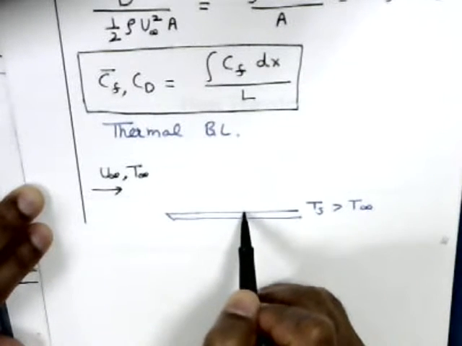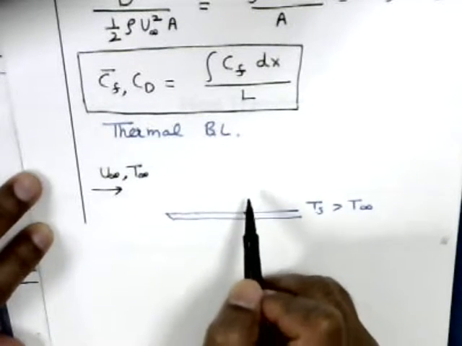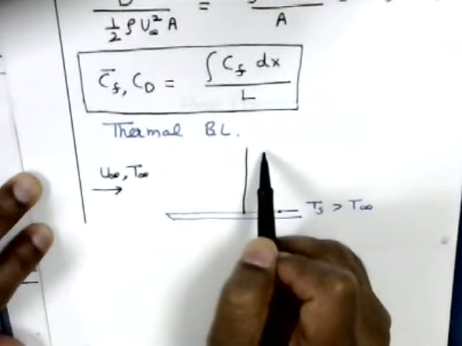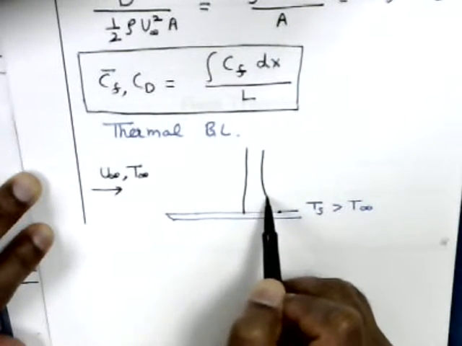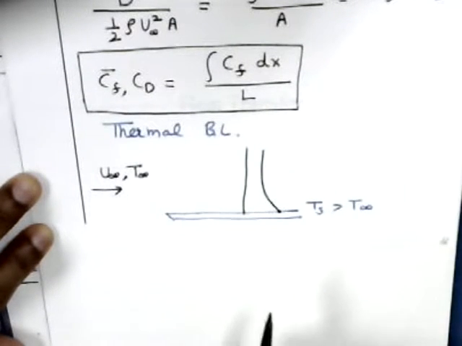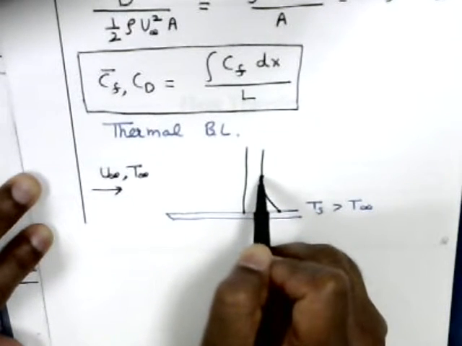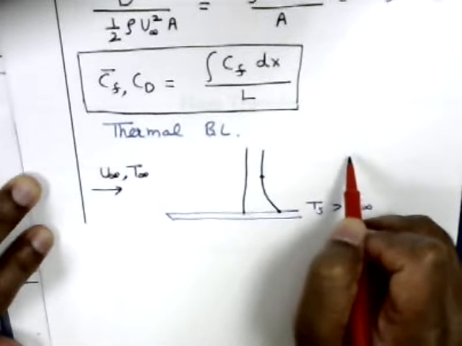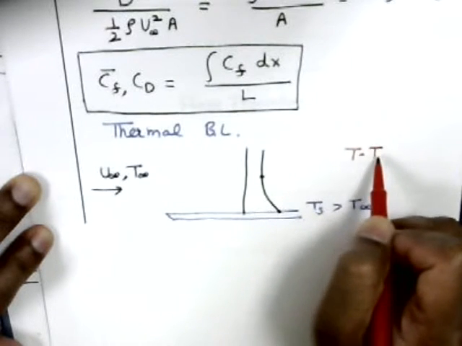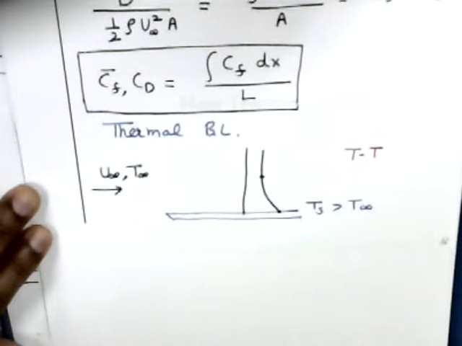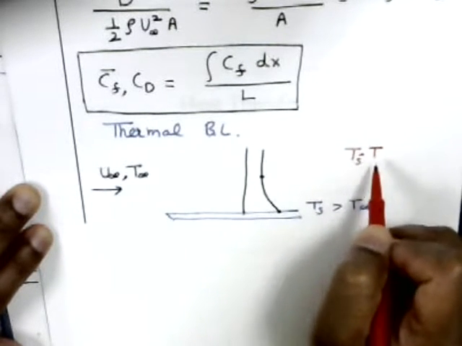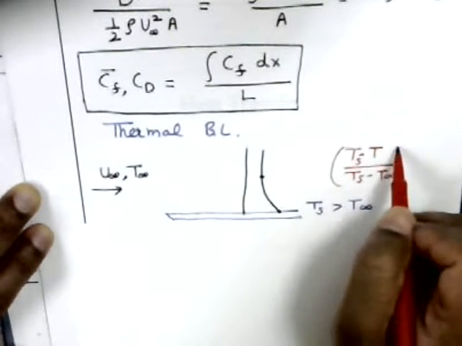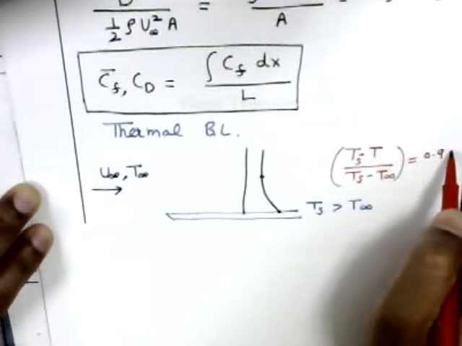If at any location, say at this point, I plot the temperature profile, it will look like this. If this represents Ts, this is T infinity, the temperature profile varies like this. And at this location, let us say Ts minus T over Ts minus T infinity becomes 0.99.